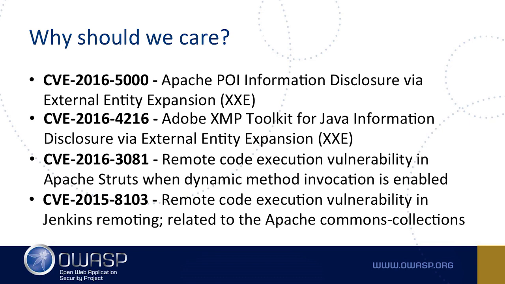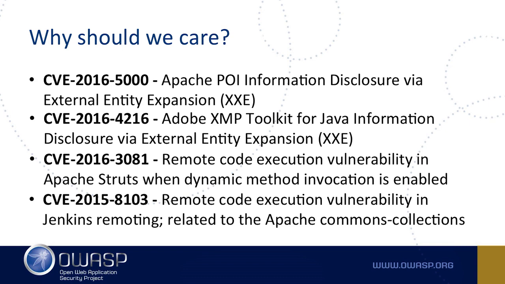And again, hopefully everyone knows about this one from 2015, which was a remote code execution within Jenkins related to deserializing objects using the Apache Commons Collections. How many people actually know about that one? Yes, some people. Basically, this is exactly what we're talking about.